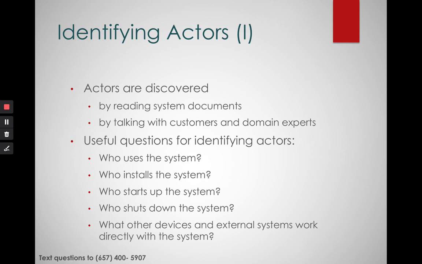We can also talk with customers and domain experts and try to figure that out through them. Here are some useful questions for identifying actors. The questions to find human actors would be like who uses, installs, starts up, shuts down the system, and then what other devices, hardware, external systems, and or software work directly with the system.